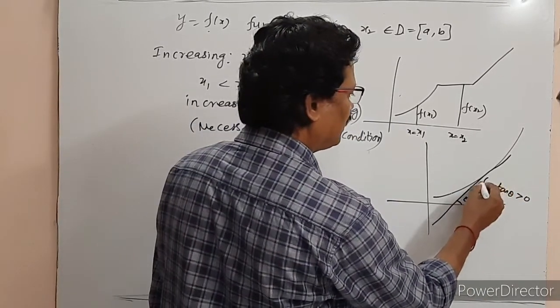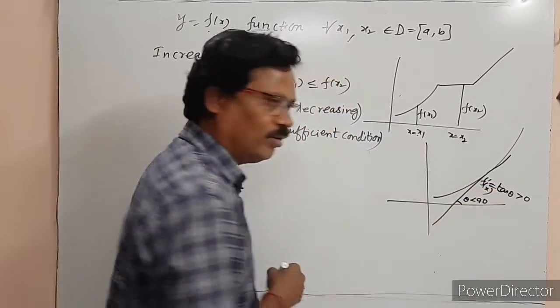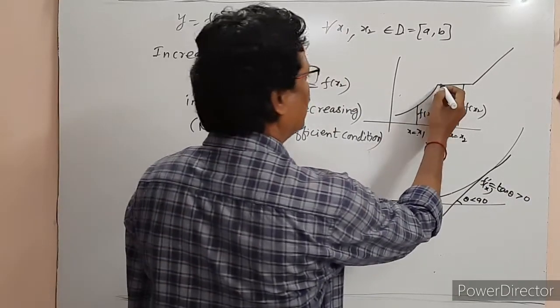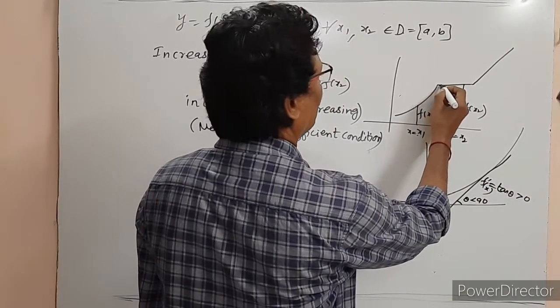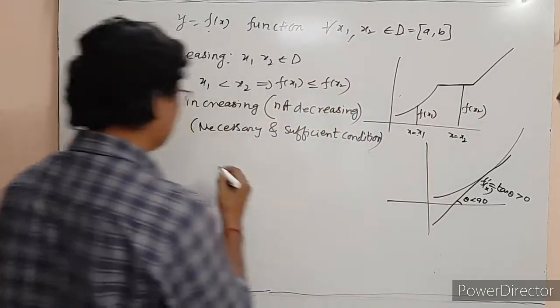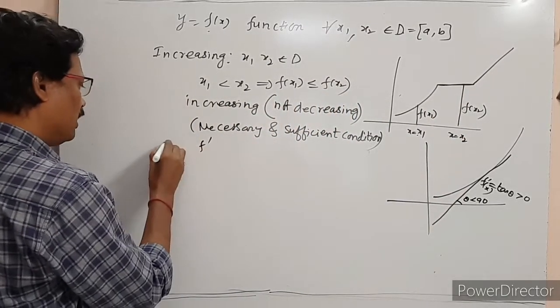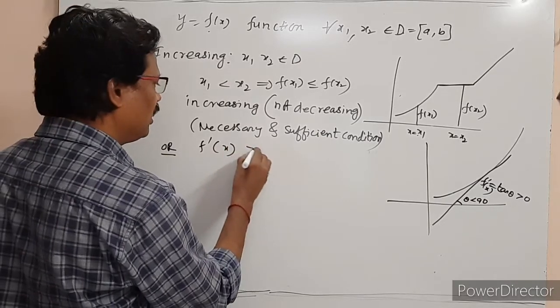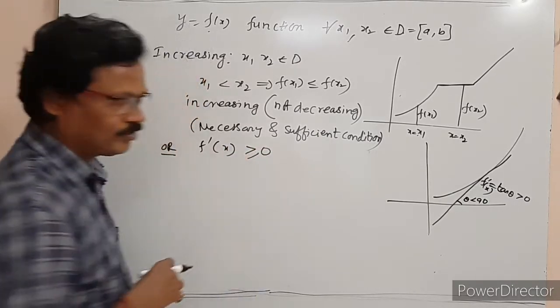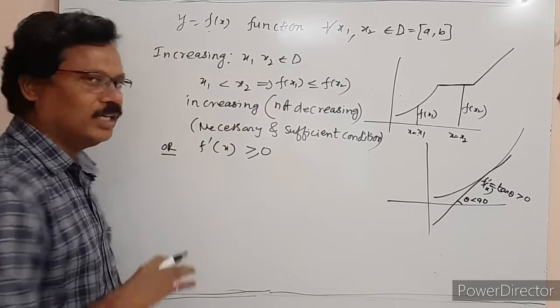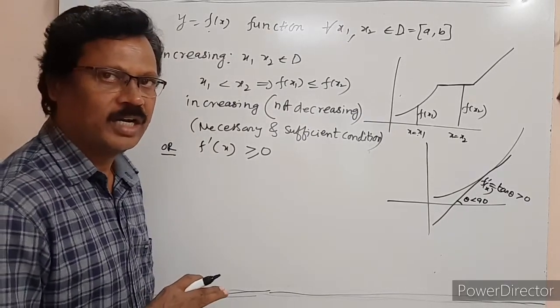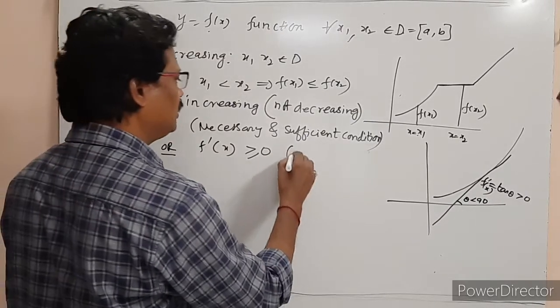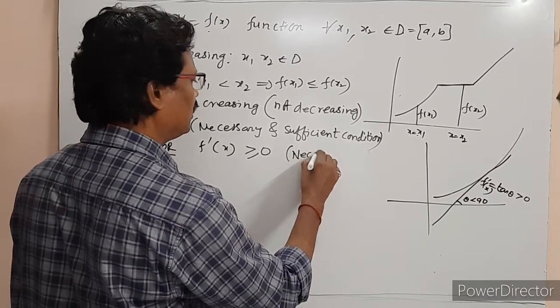Slope is called f'(x). Therefore it is greater than 0. Suppose it is only increasing, then here f'(x) may be 0 also. Therefore we can write one more condition, that f'(x) is greater than or equal to 0. This is only a necessary condition, it is not sufficient.